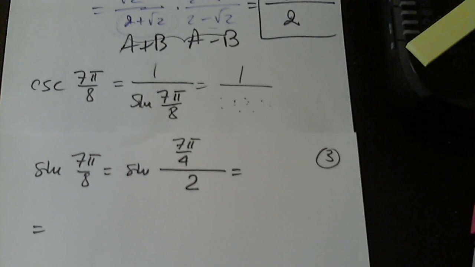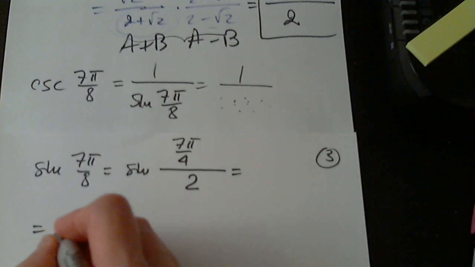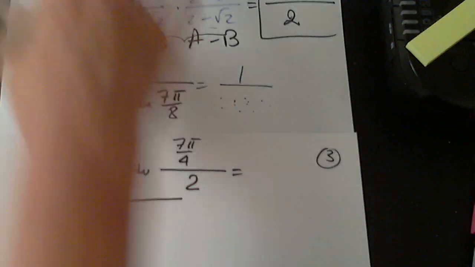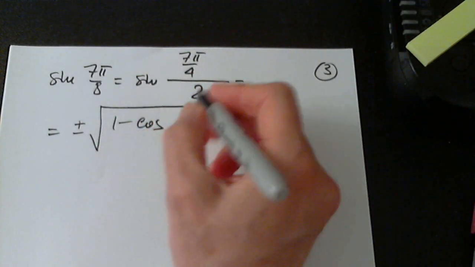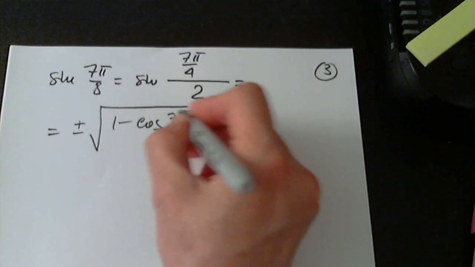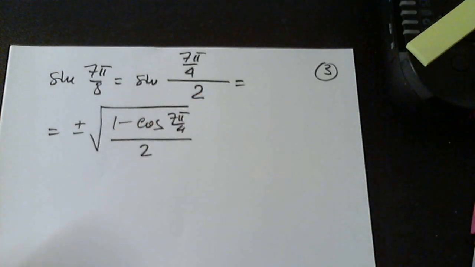If it ends up being an angle in the third or the fourth, then I will have to use the minus. So for now, I'm going to just write plus or minus the square root of 1 minus cosine 7 pi over 4 over 2.